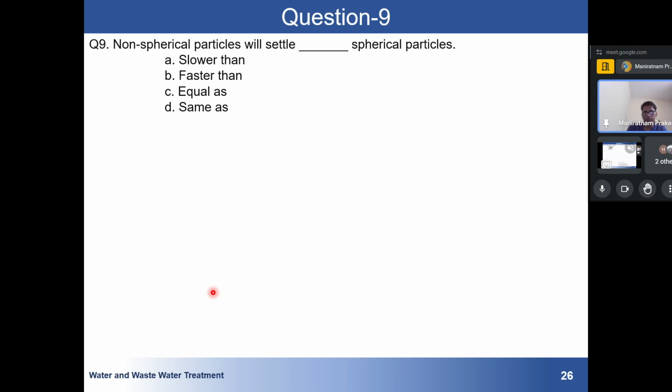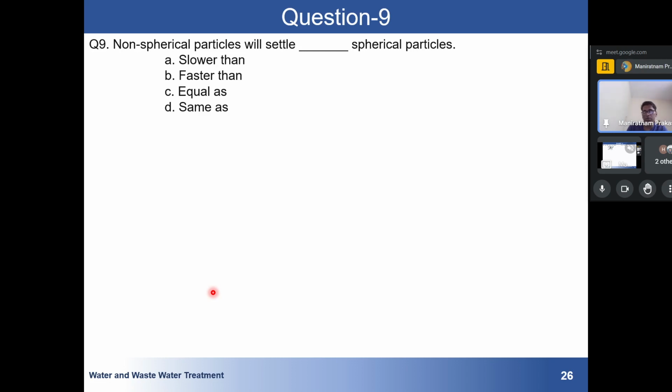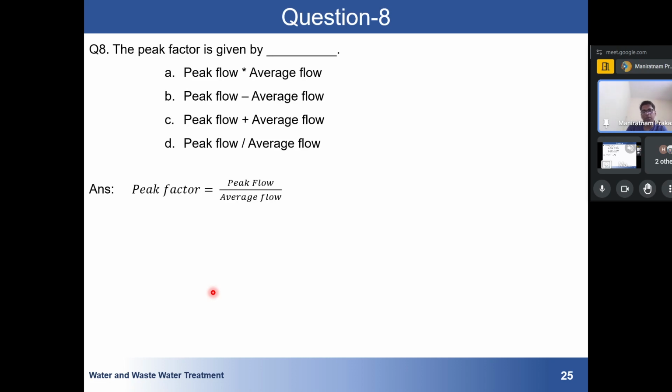There were four options, and it was a 1 mark question. Similarly, a question related to efficiency was also there. Last year I did not appear, but in 2021 I appeared. That time they were asking.